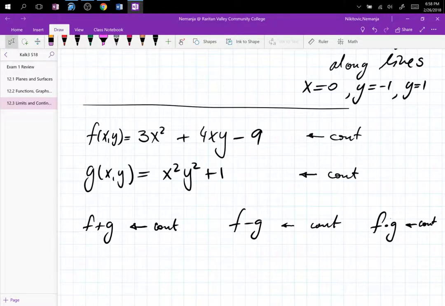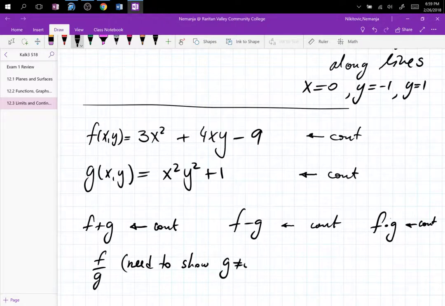Now, I said division is tricky. If you divide these guys, I'll put in parentheses, need to show g different than 0. And that's easy, because x squared y squared plus 1 is different than 0.